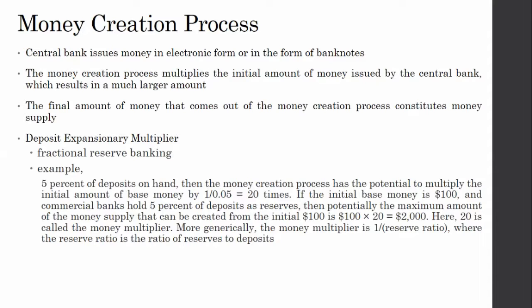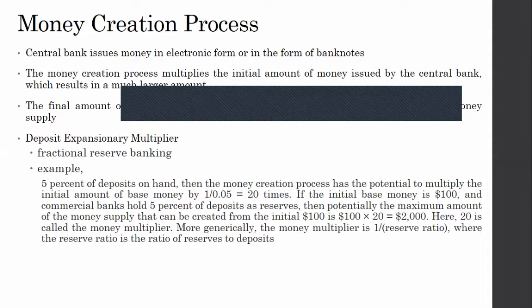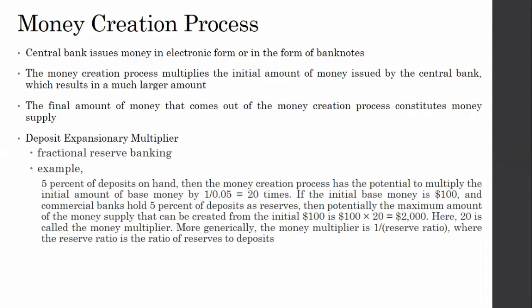We say this money goes through a process called the money creation process. So what is this money creation process? The money creation process multiplies the initial amount of money issued by the central bank. If we compare the final amount of money circulated in the economy with the initial amount issued by the central bank, we can observe that the amount has been multiplied.